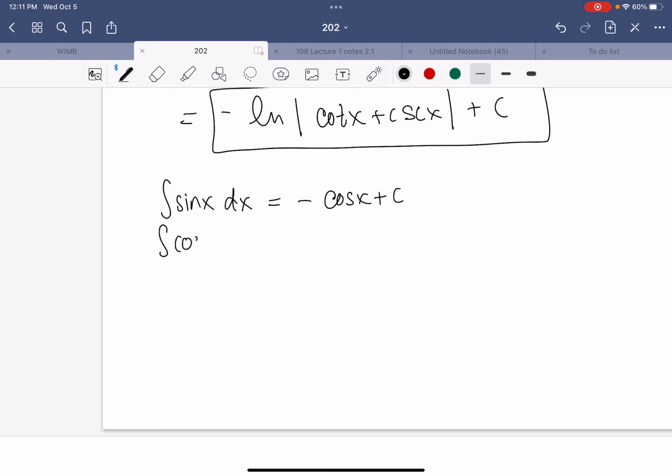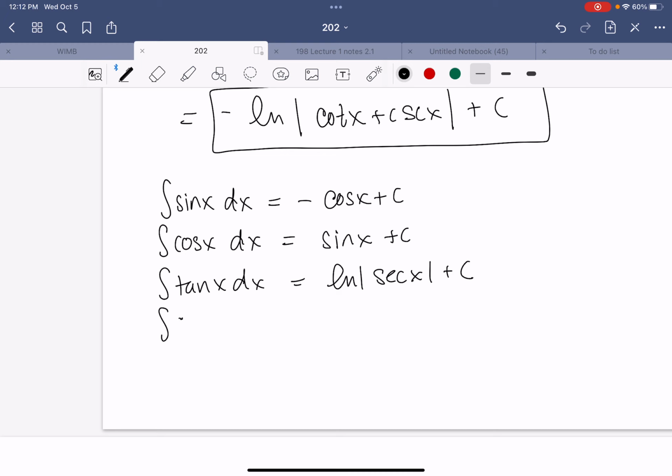So in summary, you have that the integral of sine x dx is negative cosine x. The integral of cosine x dx is sine x. Integral of tangent x dx is the natural log of the secant of x plus a constant. The integral of cotangent x dx is the natural log of sine x plus a constant.